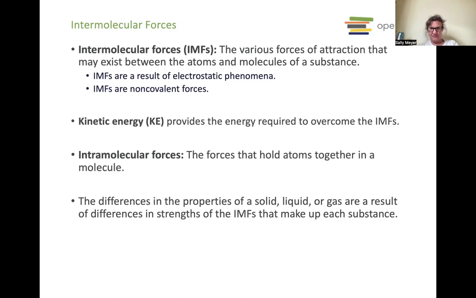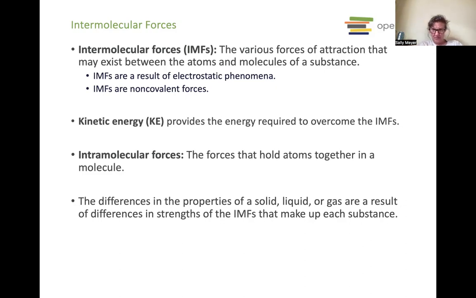And intramolecular forces, these are the forces that hold atoms together in a molecule. So if you think about the water, it would be the hydrogen-oxygen bonds in water, which are covalent bonds. Those are intra forces, or bonds within a molecule. And we're going to be more focused on inter forces between molecules.